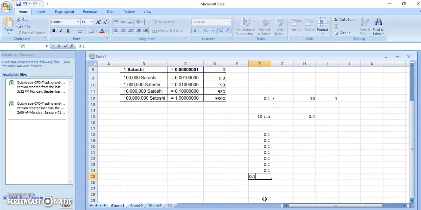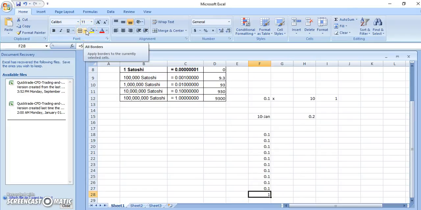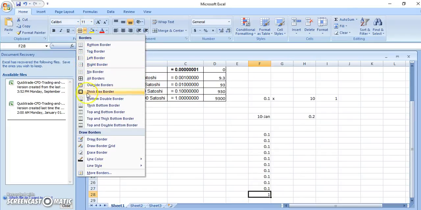Another 0.1, 8, another 0.1, 9, another 0.1. For you to have a full Bitcoin, that basically will give you a sum of 1. So that's the mathematics behind Bitcoins.